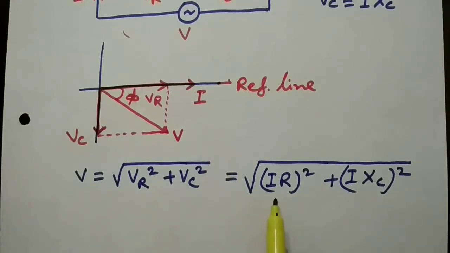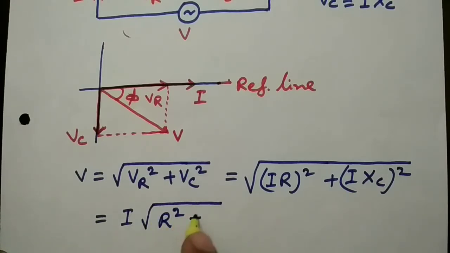Now take I as common and it will be outside the square root, so it will be I times square root of R square plus XC square.